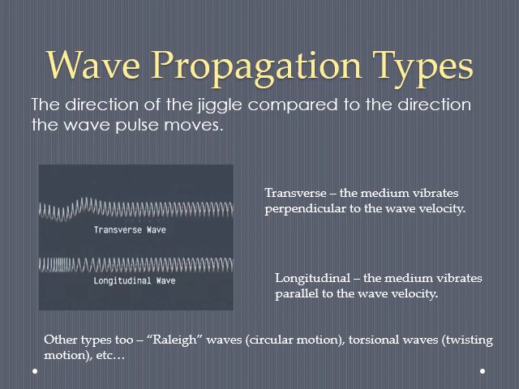In a longitudinal wave, the medium vibrates left and right. At the same time, the wave moves to the right, so we would say the medium is vibrating parallel to the wave velocity. There are several other kinds of waves in the universe. Rayleigh waves are circular kinds of waves. There's torsional waves, etc. But the two that we're going to be dealing with are shown above.